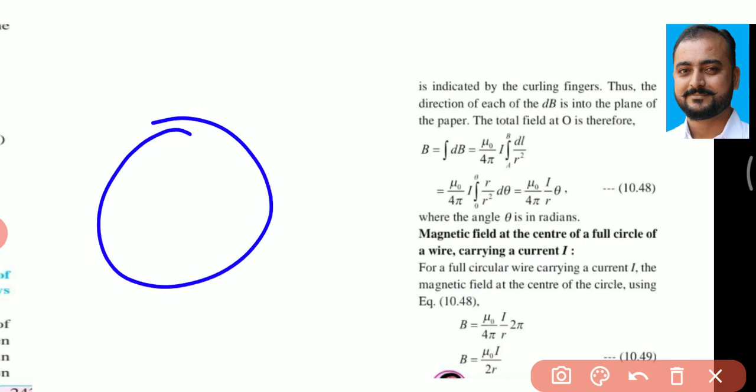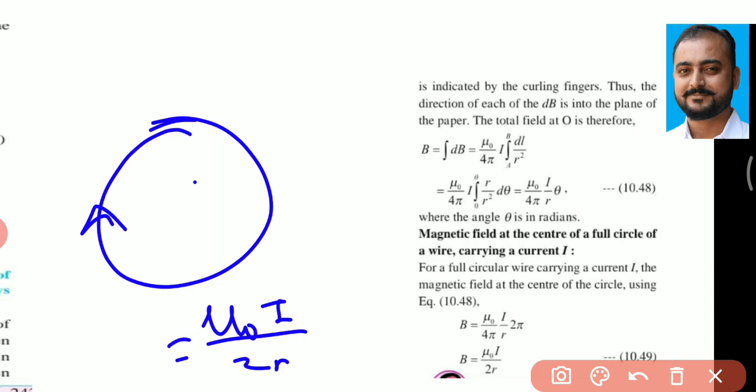And so the magnetic field produced at the center of the full circle of wire carrying a current I, listen, can be given simply as mu 0 I divided by 2 times r.